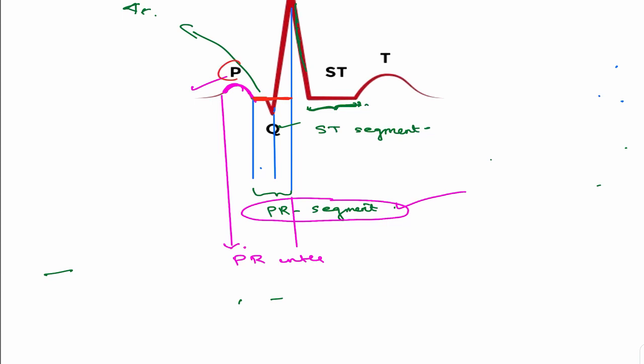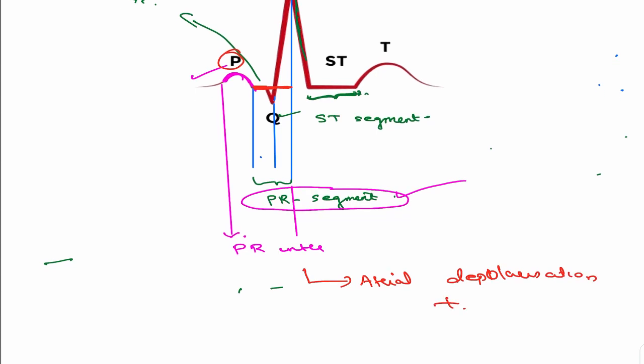But as we have included one wave here, meaning we've included atrial depolarization, this interval will be atrial depolarization plus the previous segment, the PR segment, which signifies the AV nodal depolarization.